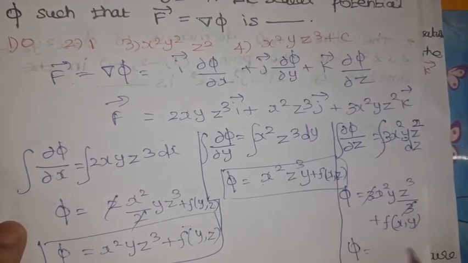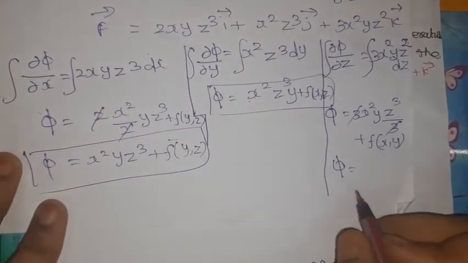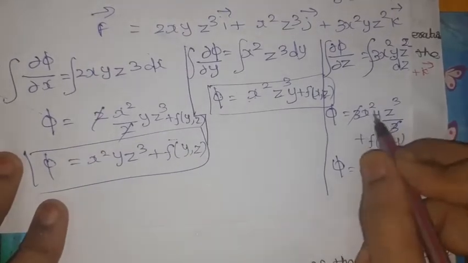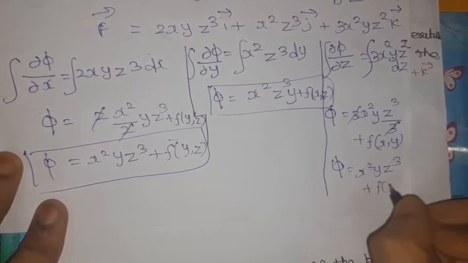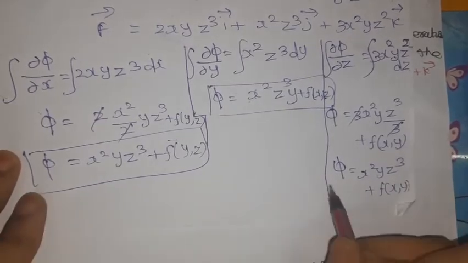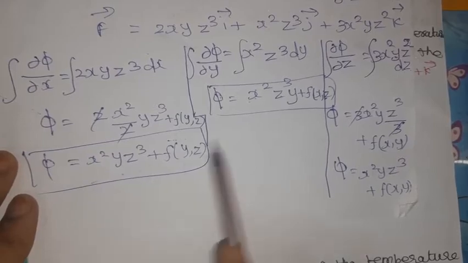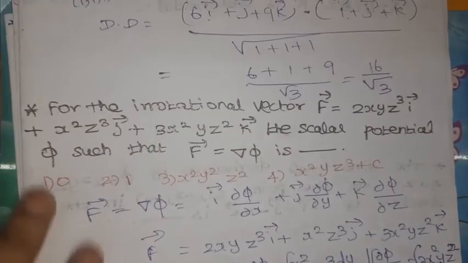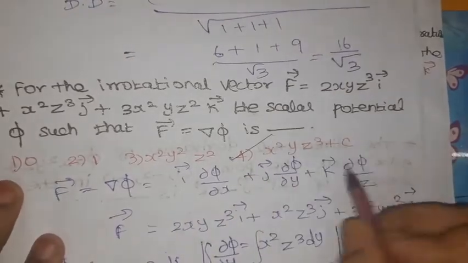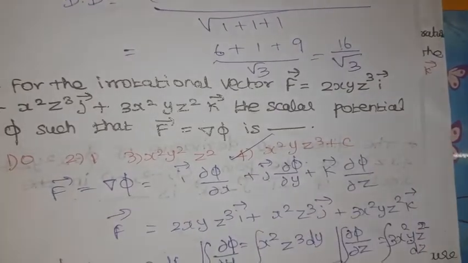Phi equals x squared y z cubed plus a function of this. See what phi is in this term: x squared y z cubed, x squared y z cubed. Obviously phi is nothing but x squared y z cubed plus some constant.